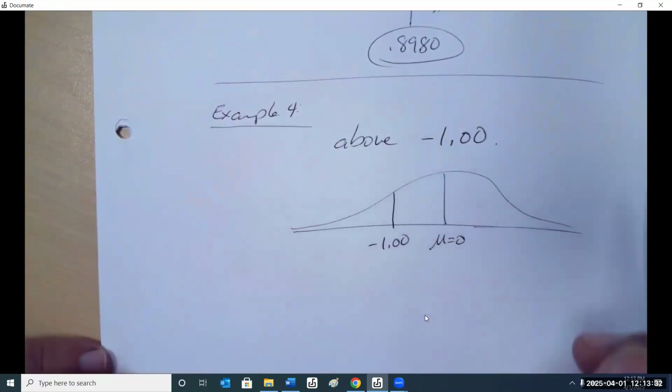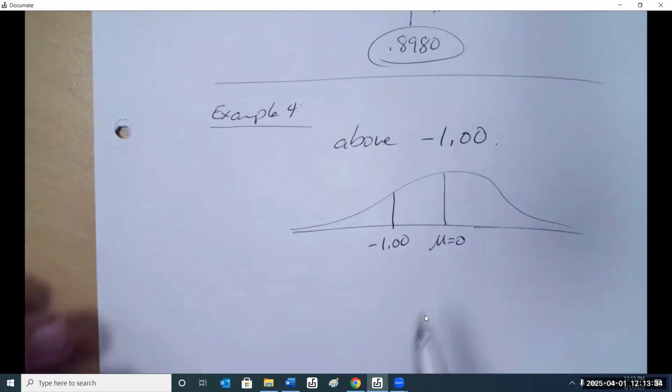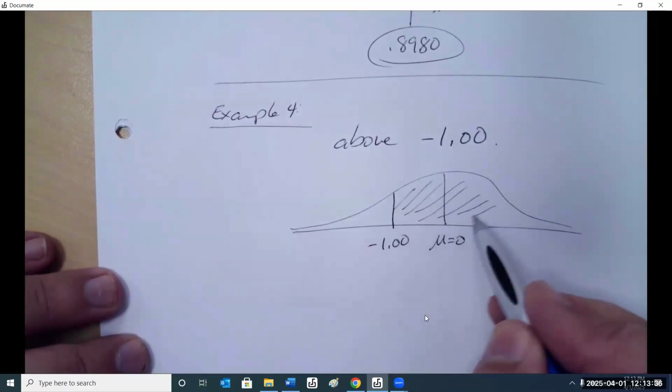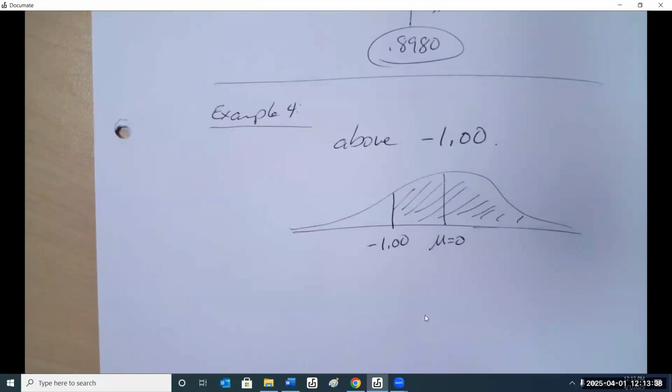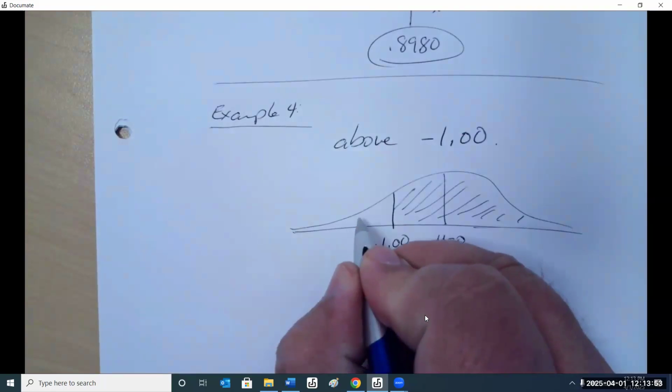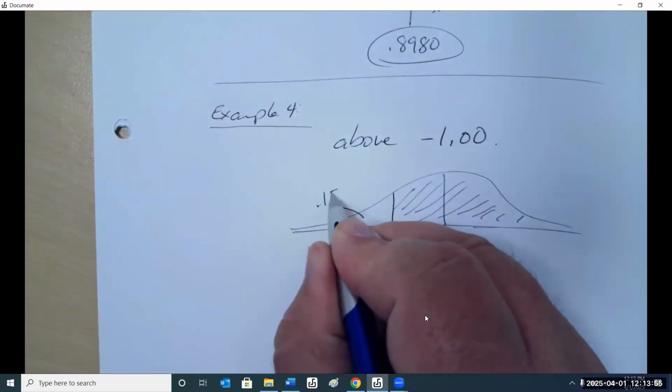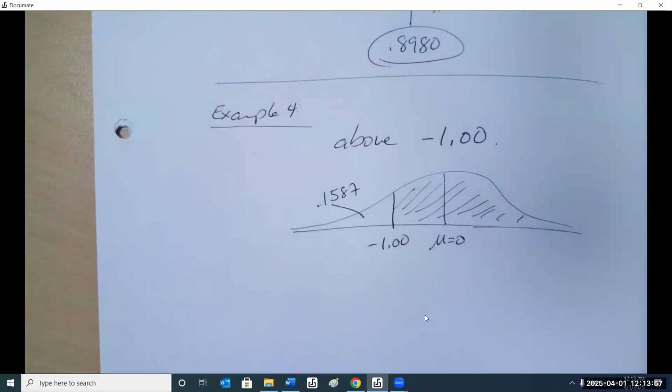We want above. So which side do we shade? The right side. That's what we're looking for. So what does the chart tell us? Remember, it always tells us the area to the left of the number. What number is it? Yeah, so this is 0.1587 from your chart.